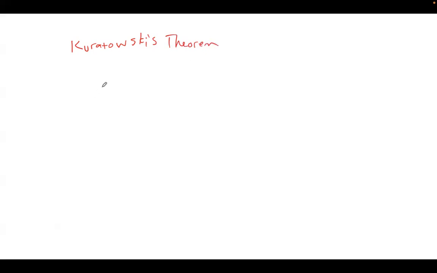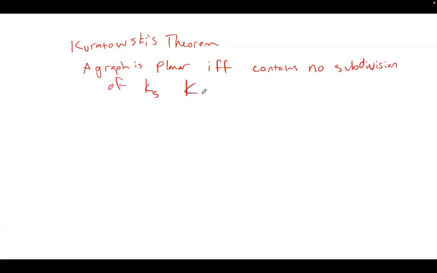He said that a graph is planar if and only if it contains no subdivision of K5 or K33.